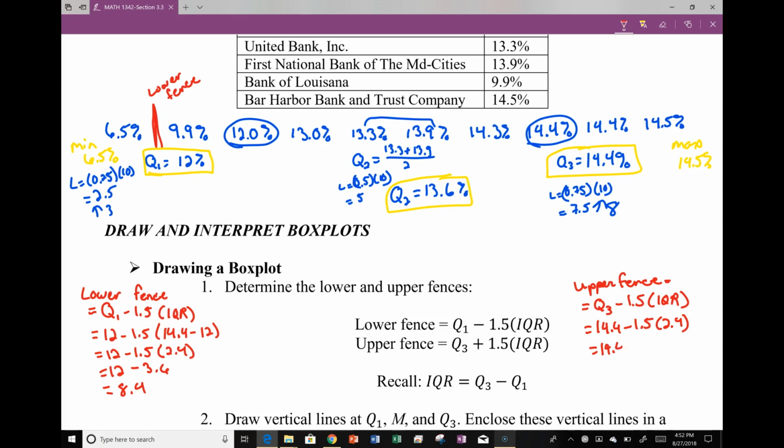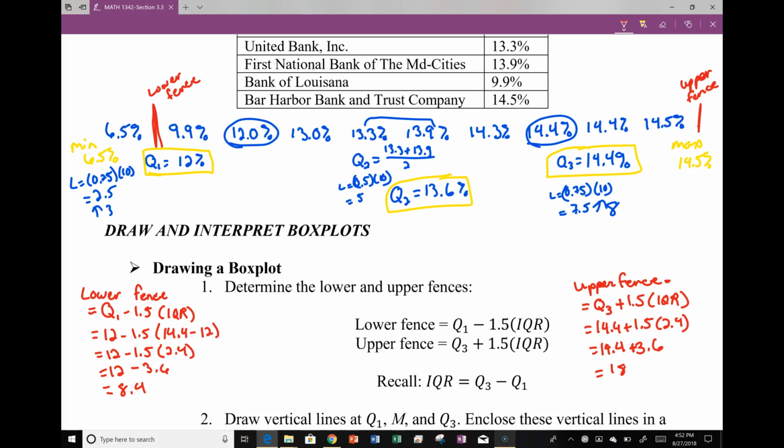So I get 14.4 minus 3.6. You guys didn't catch me. That should be a plus. This should be Q3 plus 1.5 times IQR. So I actually end up with 14.4 plus 3.6 gives me 18. This is my upper fence. So here on my data, my upper fence is above all of my data values.